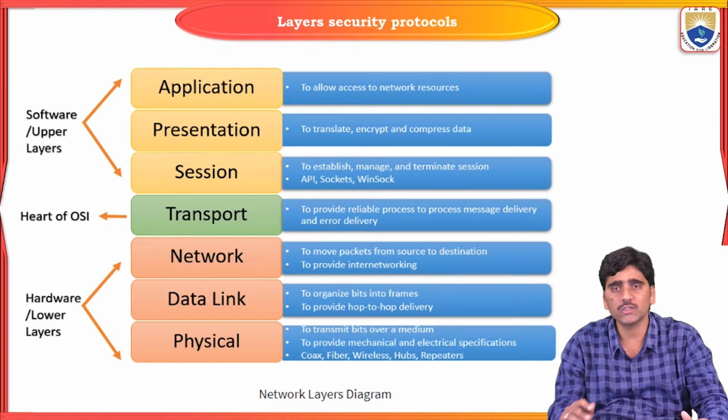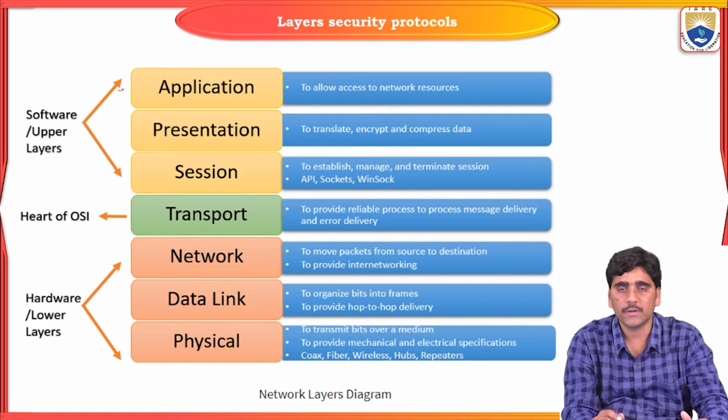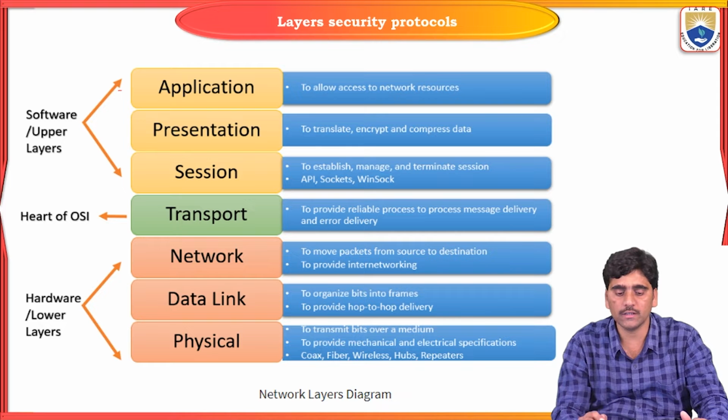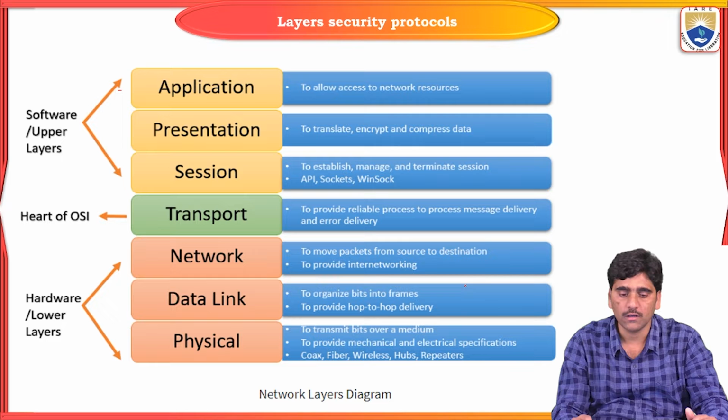So what are the layers actually presented in the OSI reference model, and what function does each layer serve? These are the application layer, presentation layer, session layer, transport layer, network layer, data link layer, and physical layer. These are all the different types of network layers.